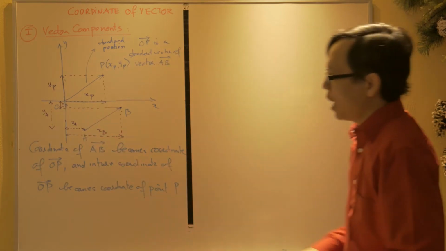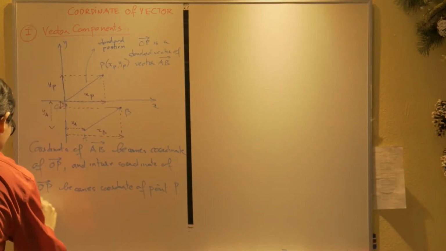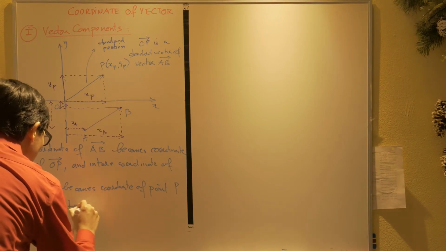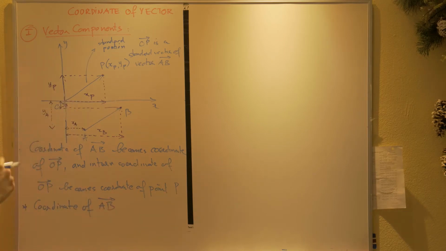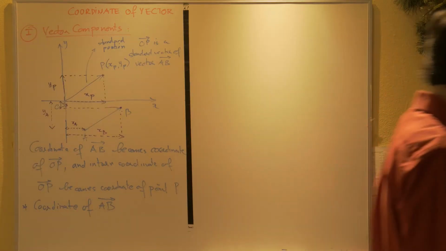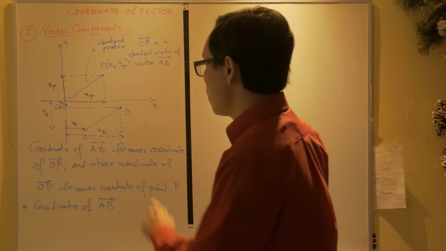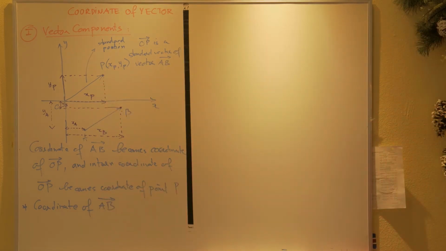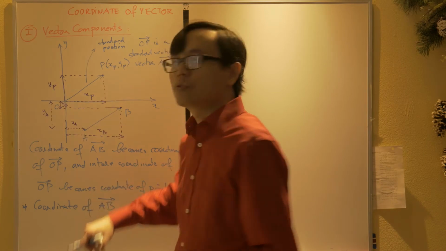Okay, let's say it again. The coordinate of vector AB is actually the coordinate of point P. And in order to find it, you take xb minus xa, yb minus ya.